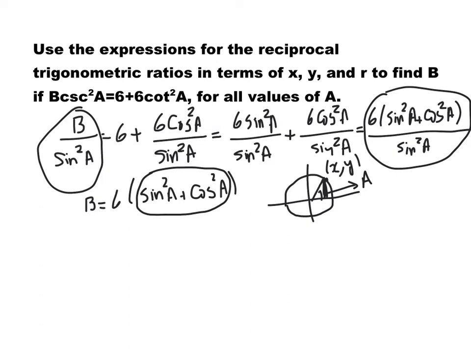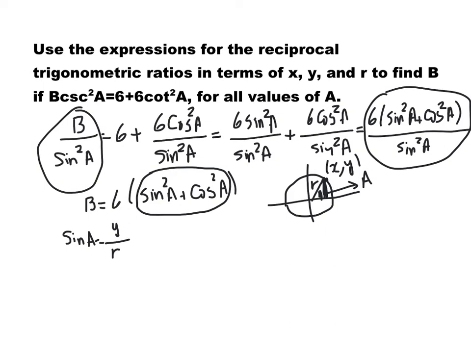Then sine of this angle A is equal to opposite, which is y. Sine A is y over hypotenuse. Hypotenuse is 1 because we are assuming the radius is 1. Let's say the radius is r. So it's going to be y over r.